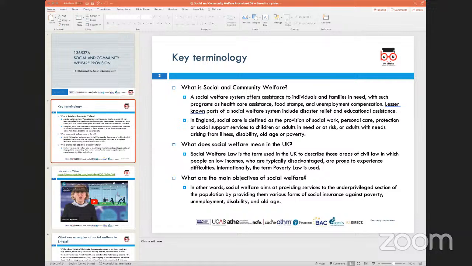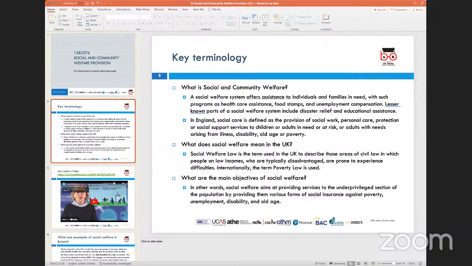These would be services coming under healthcare, services which include education, universal tax credit, and, for example, housing. Now, these are things which are considered welfare provision, because the government is committed to ensuring that people are able to eat, have a shelter over their head, and are able to get the basic essential medical services free of cost without having to pay for it. And that is why Britain is called a welfare state.